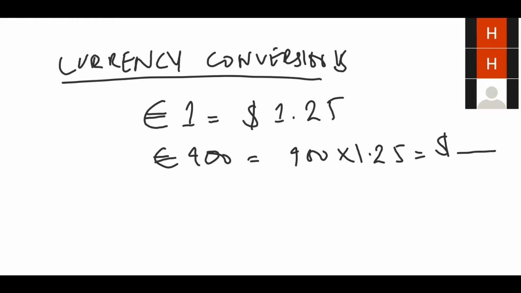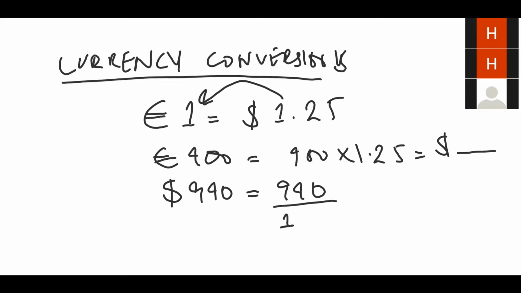All right. Now, going towards the other side, if we move backwards, if they ask us that we have to convert 940 dollars into euros, what are you going to do then? Divide. Yeah. So when we're moving backwards, we're going to divide your 940 by 1.25. And why is that the case?